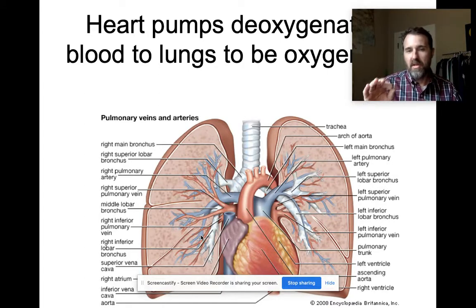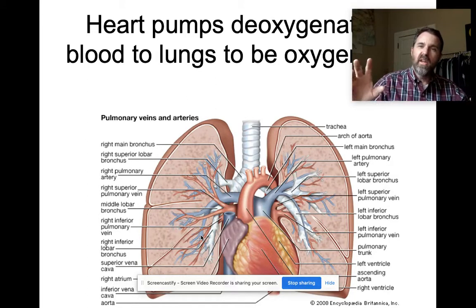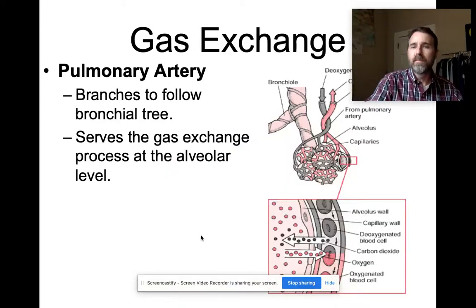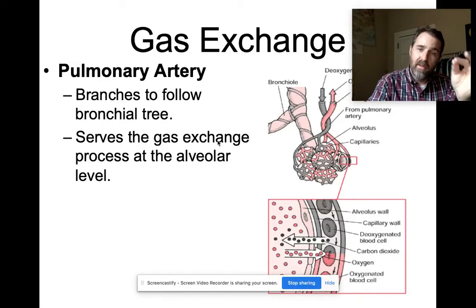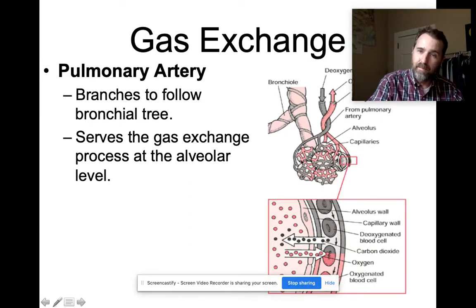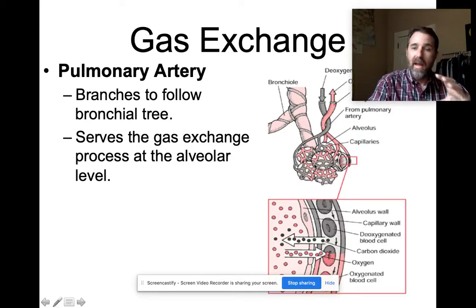And then you have branches off of the pulmonary arteries that continue to branch and follow the branches of the bronchial tree, getting smaller and smaller and smaller until that branch has become a tiny capillary that wraps the alveoli. At that point, you can see, using this image again here, you can see the red blood cells dropping off carbon dioxide and taking in oxygen from the alveolar air.